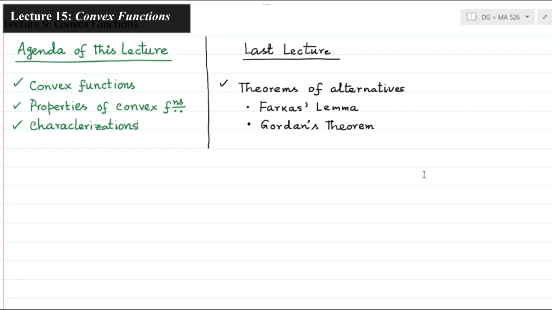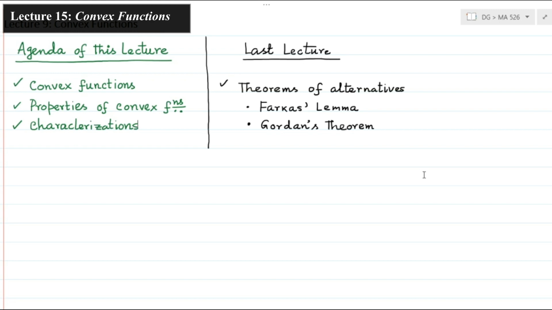After defining these, we will discuss several properties of convex functions and several characterizations: zeroth order characterization, first order characterization, and second order characterization of a convex function will be given.